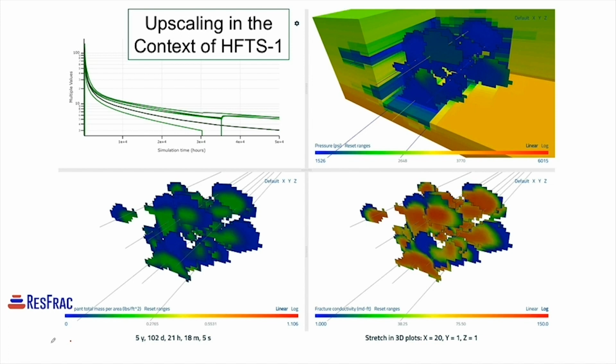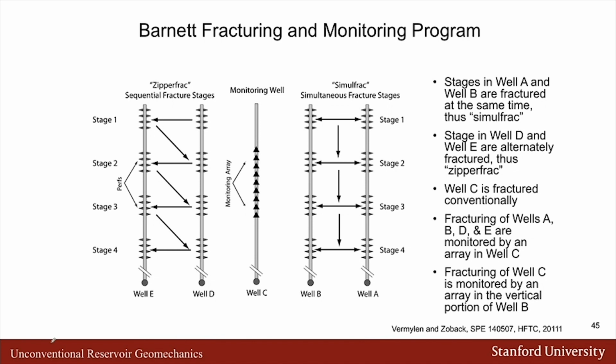And so, as we think about these pads in a realistic case, these wells were designed to replicate HFTS. The interactions between the fractures are really quite important based on the well spacing and the other kinds of parameters we've talked about.